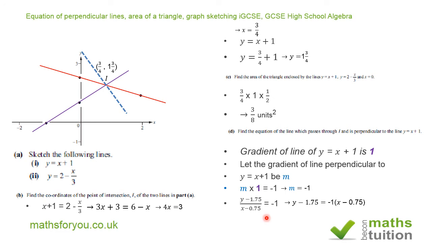If you then open out the brackets, we have minus x plus 0.75 on the right hand side, and on the left hand side y minus 1.75. So y minus 1.75 is equal to minus x plus 0.75, and when we simplify it further, we end up with the equation of the dotted line, which is perpendicular to the line y is equal to x plus 1, is y is equal to 2.5 minus x.